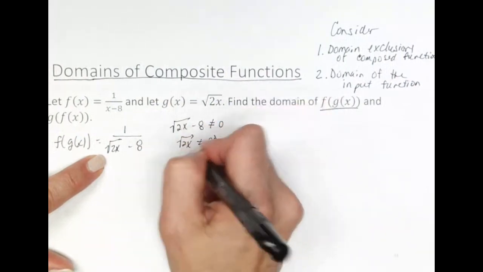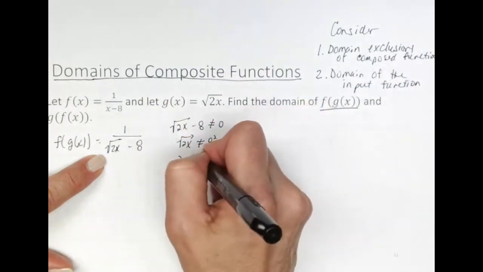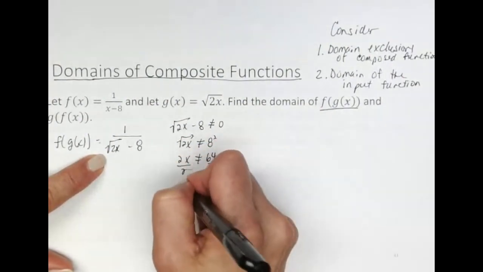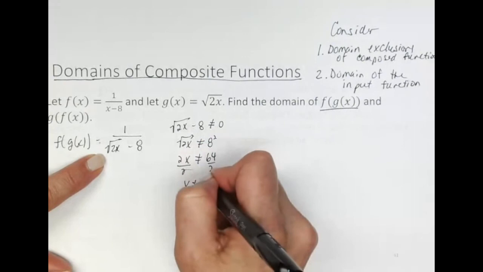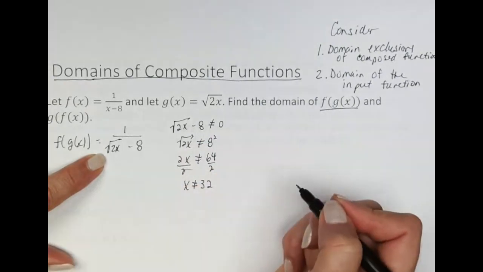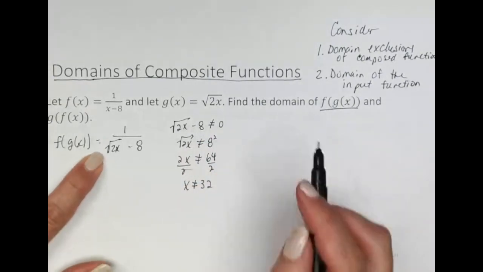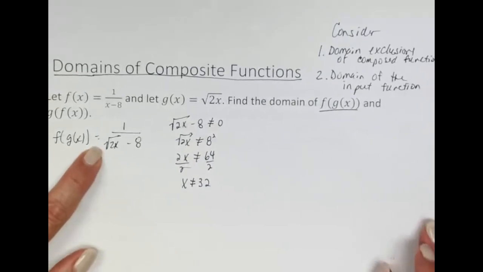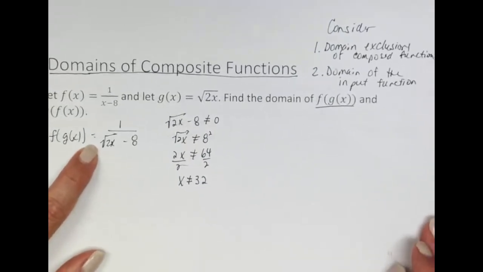Square both sides, so 2x can't equal 64, and then divide by 2. So here's one domain restriction: x cannot equal 32. Again, remember with domain, we assume all real numbers, and then we just remove from all real numbers any restrictions that we find.